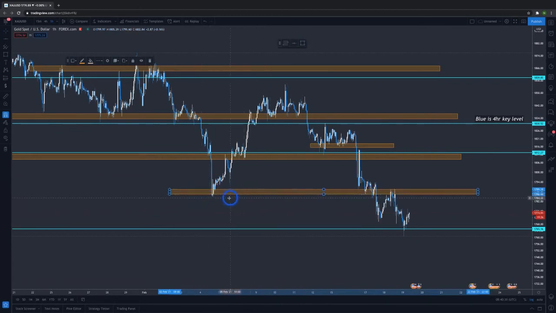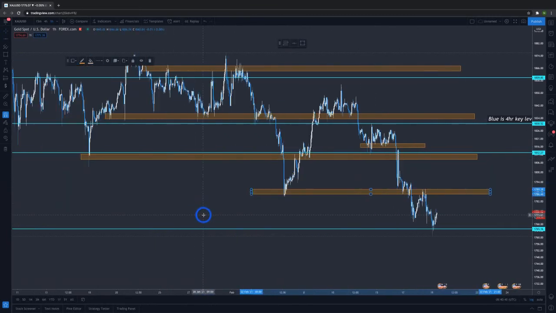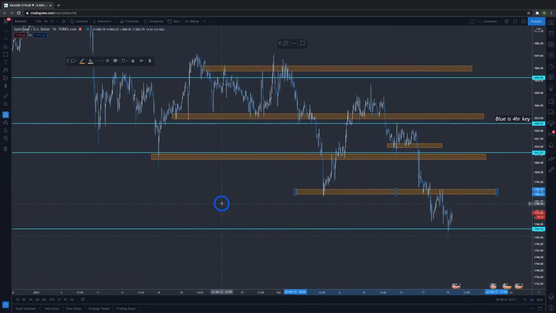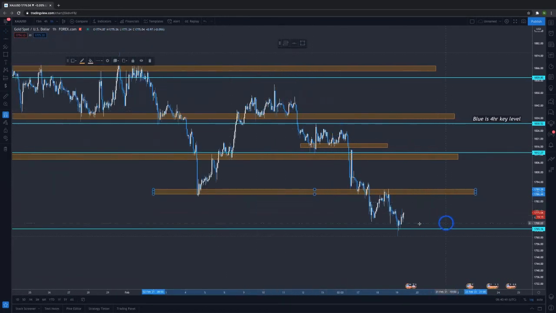I'm just looking for what price is touching: 1, 2, 3, 4, 5, 6. You know what I'm saying? That's all you're doing. You don't have to do as much, but just do enough where price is currently at.